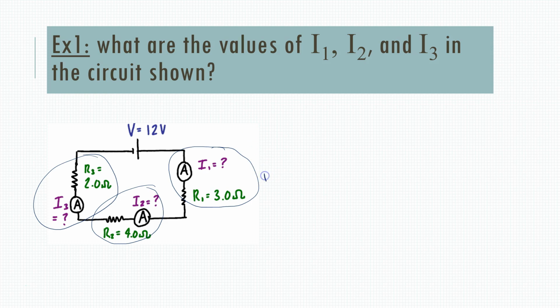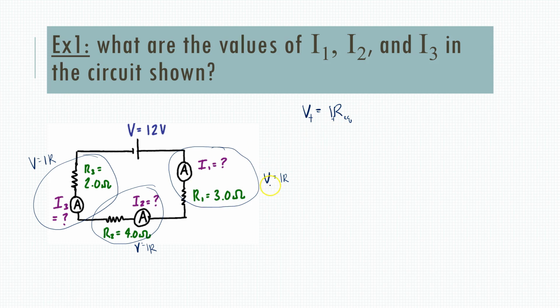You can think of this like 3 little problems. V is equal to IR, V is equal to IR, and V is equal to IR. You can work a little Ohm's law problem for each of these little portions of the circuit. Then you can also work one more V is equal to IR with all of your totals. Like the total voltage is equal to the total current times the total or equivalent resistance.